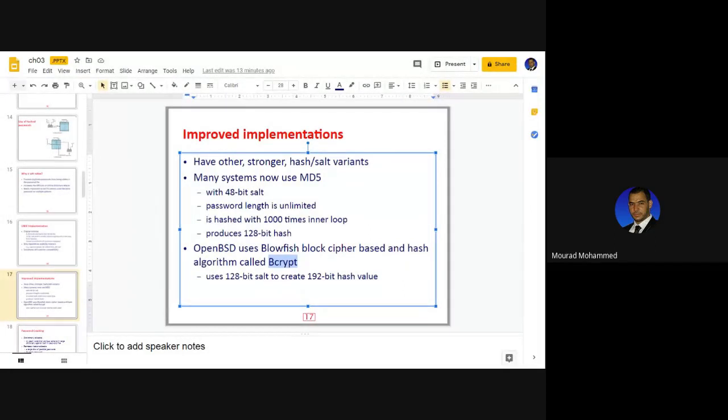This action is based on the bcrypt algorithm: the usage of the Blowfish block cipher generator and the hash algorithm, mainly the MD5. The MD5 plus the Blowfish block cipher generator are done by the bcrypt algorithm.